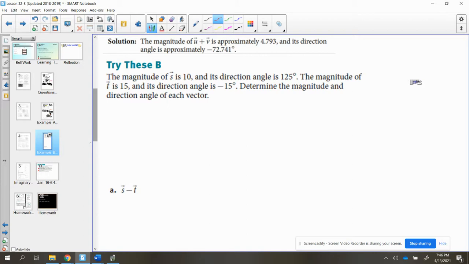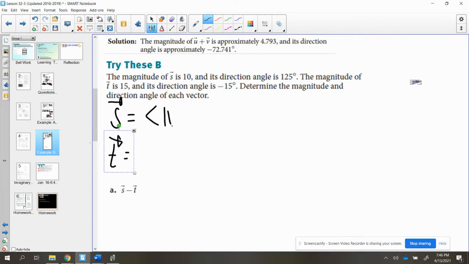Okay. Now, for this example here, they're giving us two different vectors, right? Vector S and vector T. So I'm going to start by writing these out. We have vector S and vector T and finding the component forms of these two. The magnitude of S is 10 and its directional angle is 125.